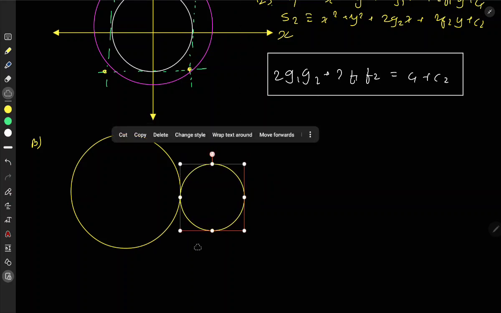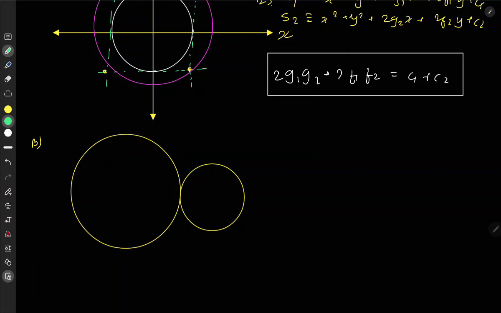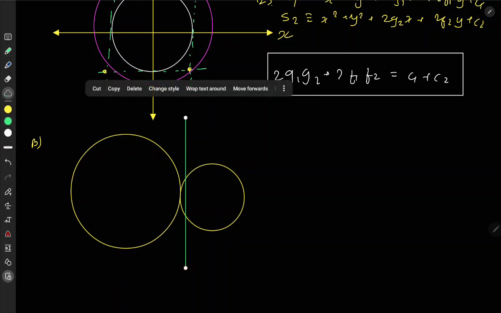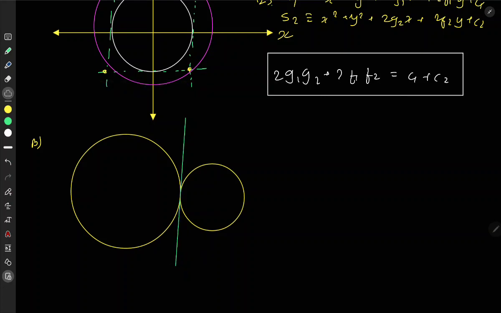Okay, and now let us draw the common tangents. The first common tangent would be this one. I'll have to shift this, this would be the first common tangent.